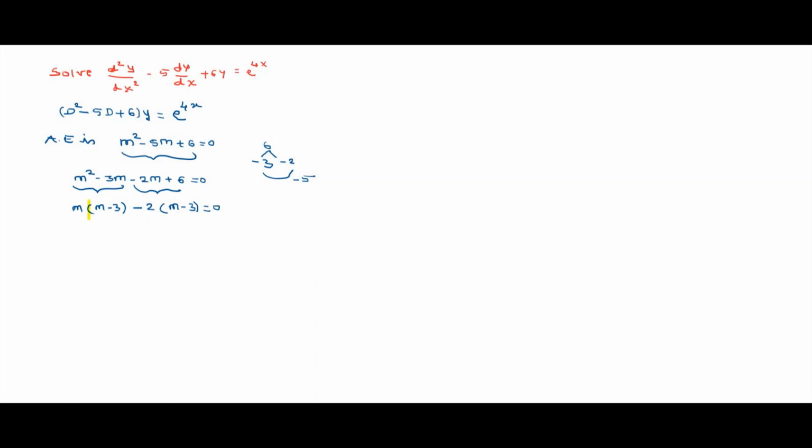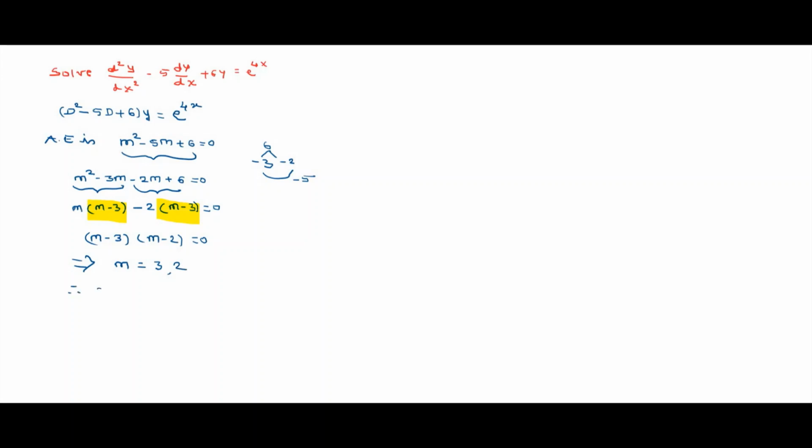So here m minus 3 is common. Taking m minus 3 common, we are left with m minus 2, and m minus 2 is equal to 0. That implies m has two values: m is equal to 3 and m is equal to 2.